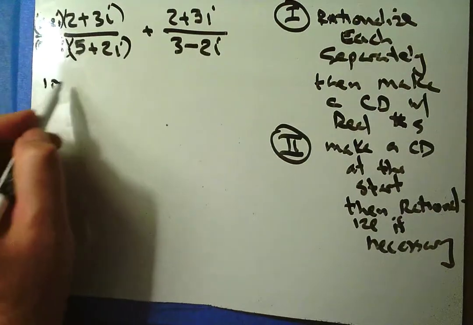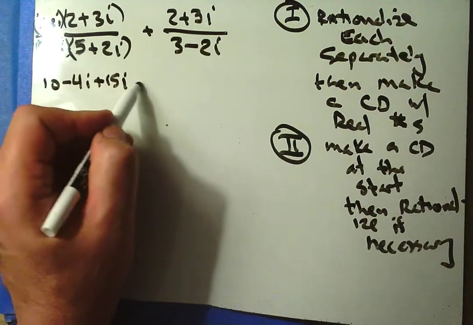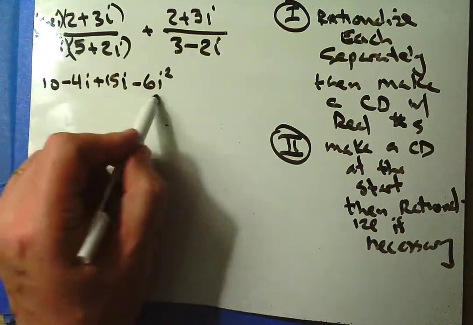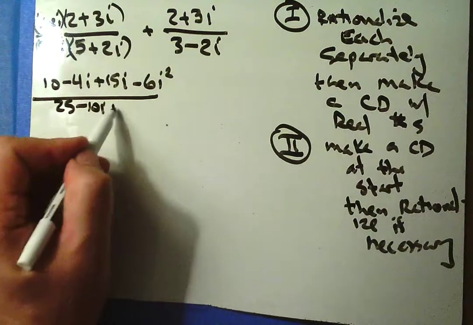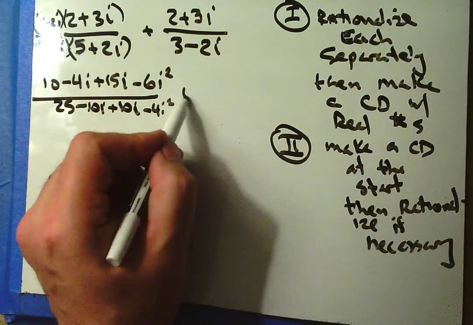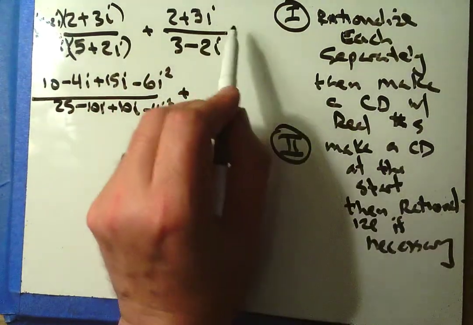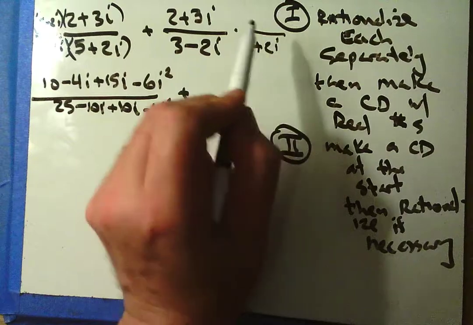So we've got 10 minus 4i plus 15i minus 6i squared over 25 minus 10i plus 10i minus 4i squared. But wait, we have to do that over here as well. The complex conjugate here is 3 plus 2i.